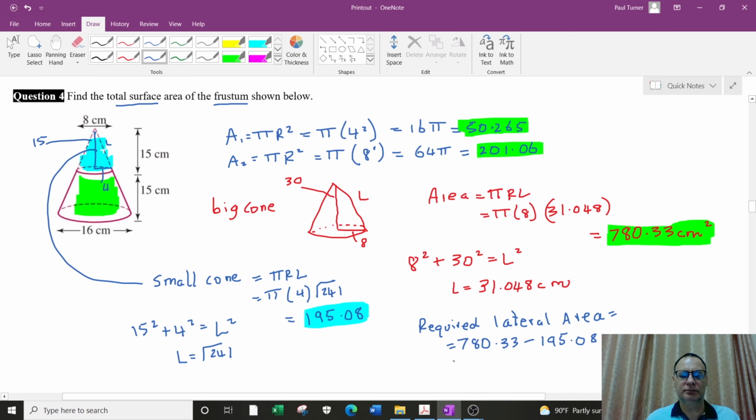What does that equal? 585.25 cm squared. So we'll highlight that.